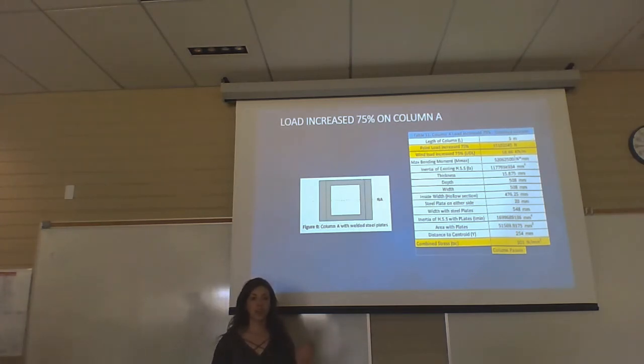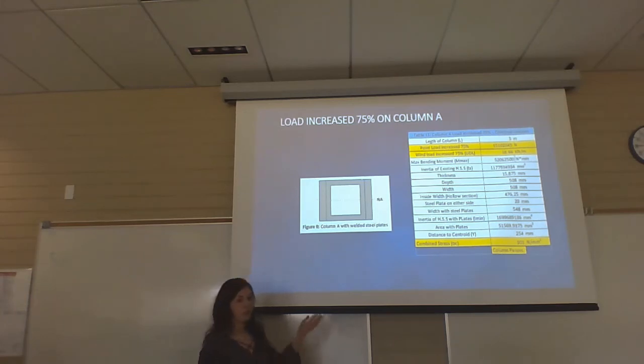Because the column is already existing, you can't just replace it with a new size column. So we added steel plates on either side at the same width of the existing column. That way it was symmetrical about the neutral axis, and the parallel axis theorem was needed.